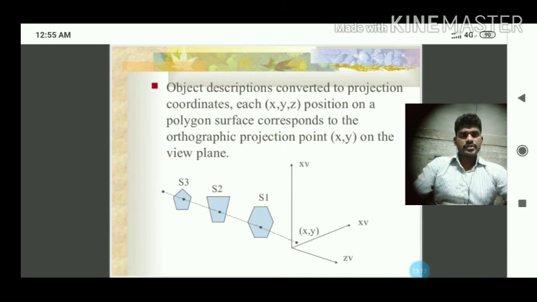Each x, y, z position on a polygon surface corresponds to the orthographic projection point x, y on the view plane. Here S1, S2, S3, three objects are given.